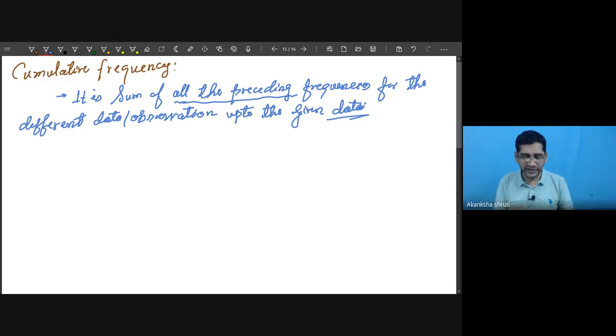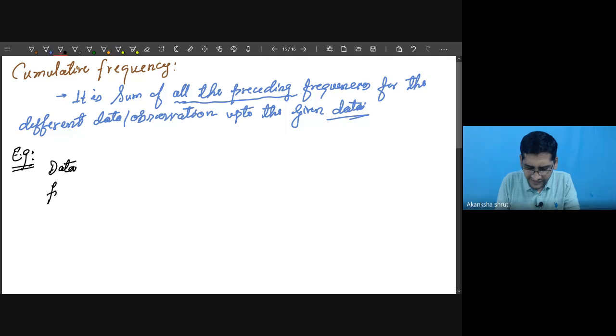Okay, student, let us see an example. Take a very simple example. I am considering the data. I am still considering discrete data, okay, and their frequency. Say the data is occurring like 20 is 5 times.